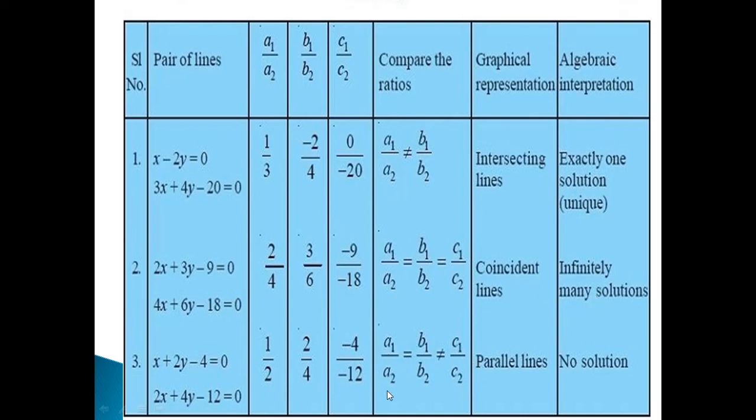If a1 by a2 is equal to b1 by b2 but not equal to c1 by c2, they are parallel lines, that means no solution.